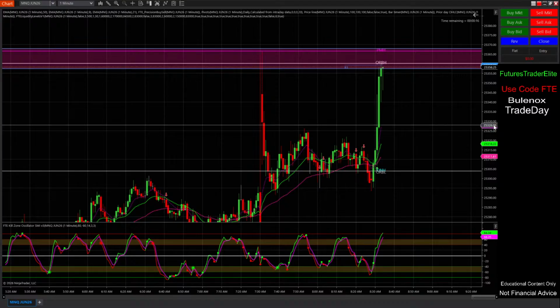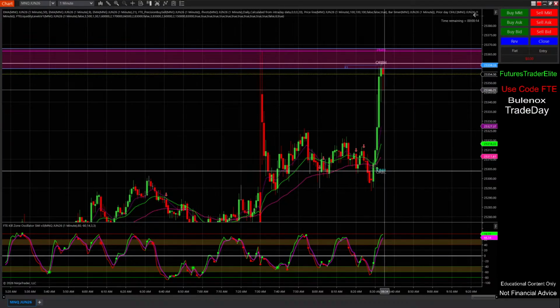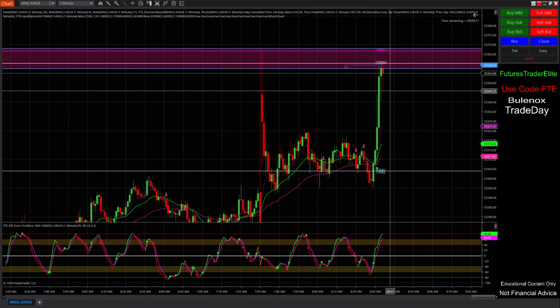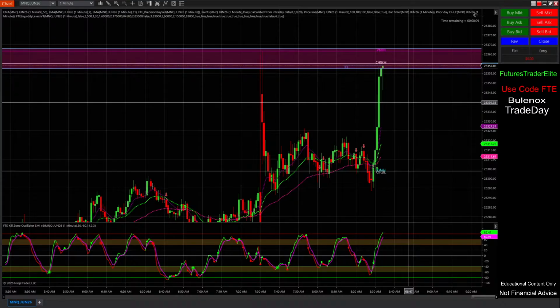If they could close, I don't think they can do it. I was going to say if they could close this candle red down here at the bottom of the wick, I would size down and maybe try to take a short there, but it doesn't look like they're going to allow that.